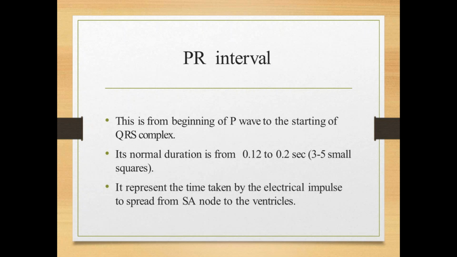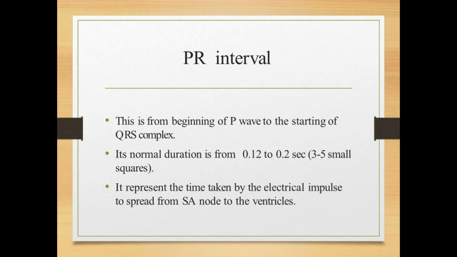Now coming to the PR interval. The PR interval is from the beginning of the P wave to the starting of the QRS complex. Its normal duration is from 0.12 to 0.2 seconds, in other words, 3 to 5 small squares.